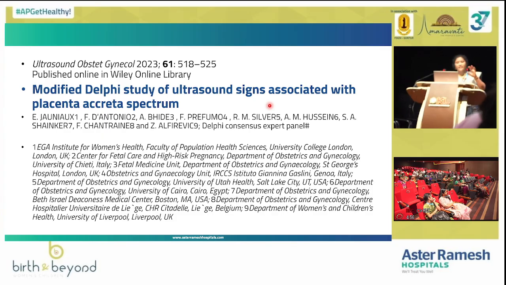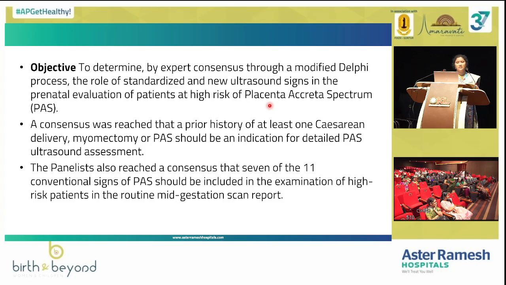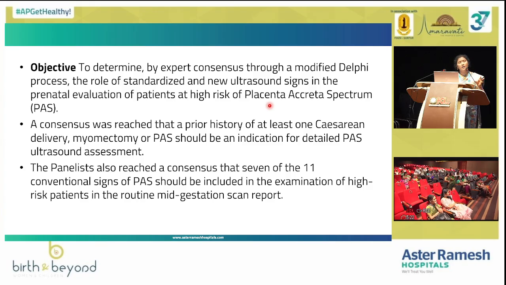Now, another study was done in 2023 where they took the opinion of all the experts, and it was published in a 2023 journal as a modified Delphi study. According to this, they reached a consensus that with a prior history of one cesarean delivery, myomectomy, or previous placenta accreta spectrum, we should do a detailed TIFA to rule out placenta accreta.